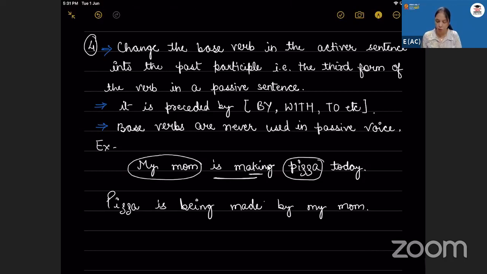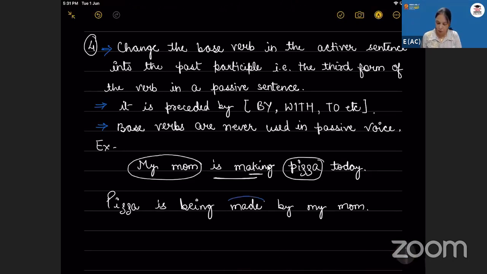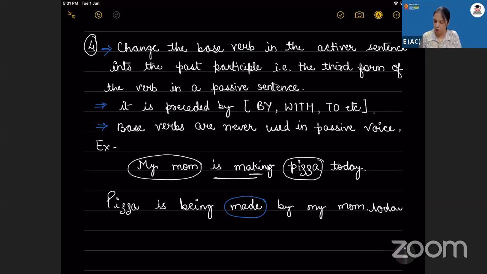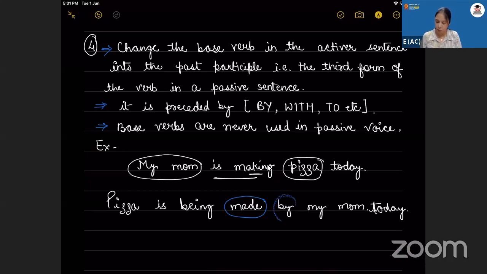So in rule number 4, there were 3 sub rules. First of all, we use the third form. I'm just highlighting it with another color. Now, today we can write that also. It will be written, why not? Part number 1 was that the third form will be used. Second thing, it will be preceded by, we did that too.